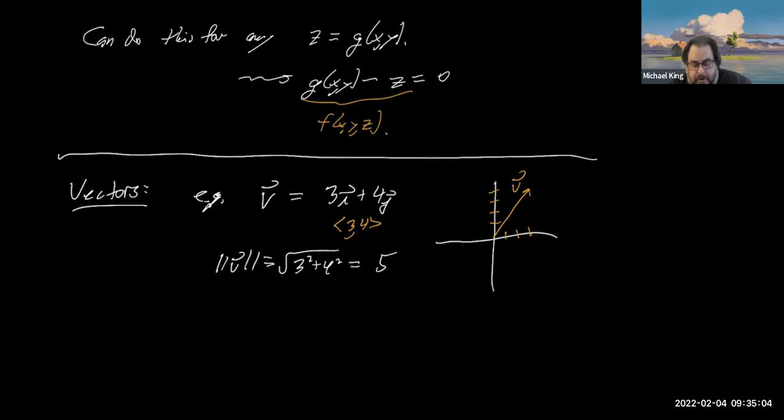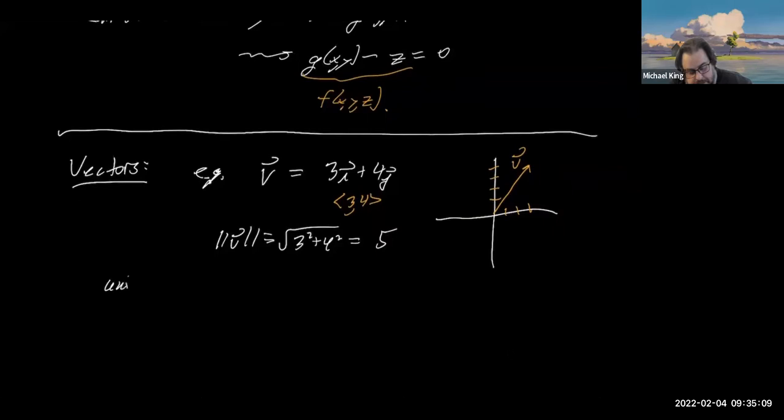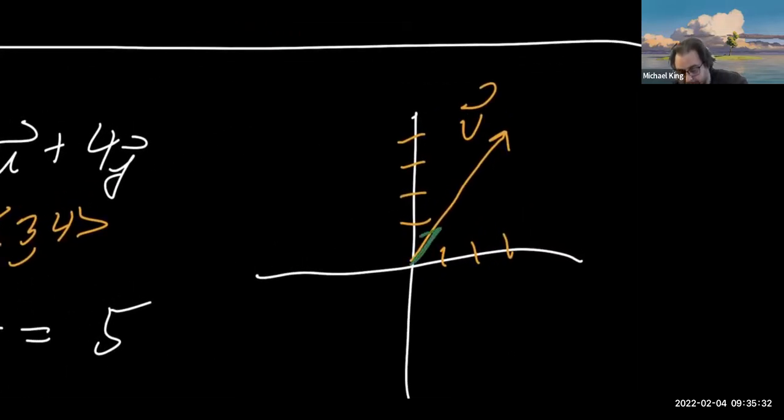And so if you want the unit vector in the same direction, unit just means length 1. I want something like this vector right here, maybe length 1 approximately, right?